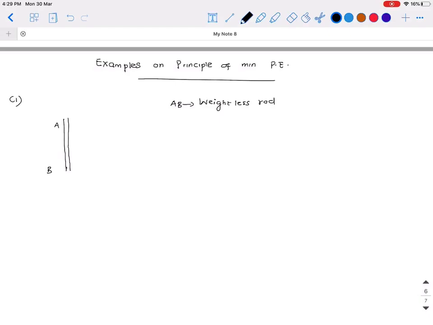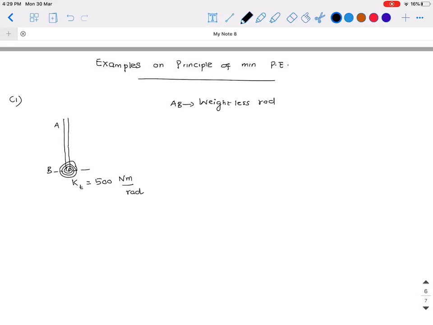At B, there is a torsional spring of stiffness kT. T denotes torsion. It's 500 Newton meter per radian.